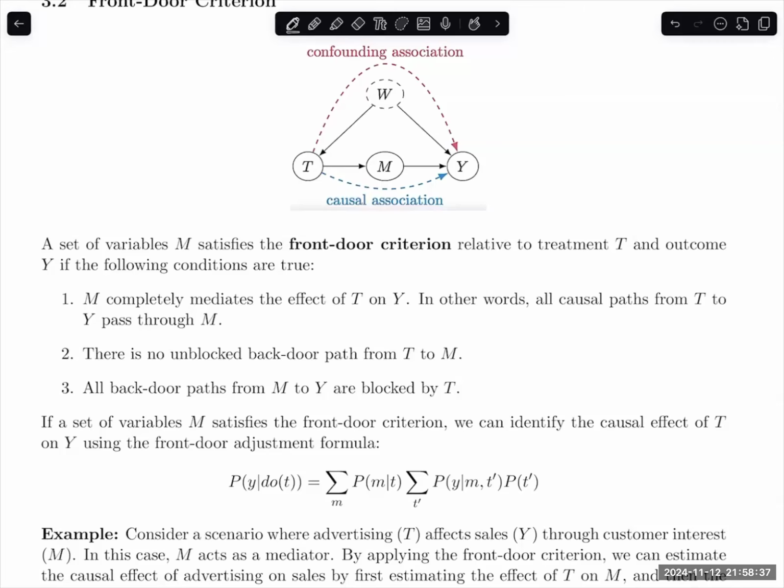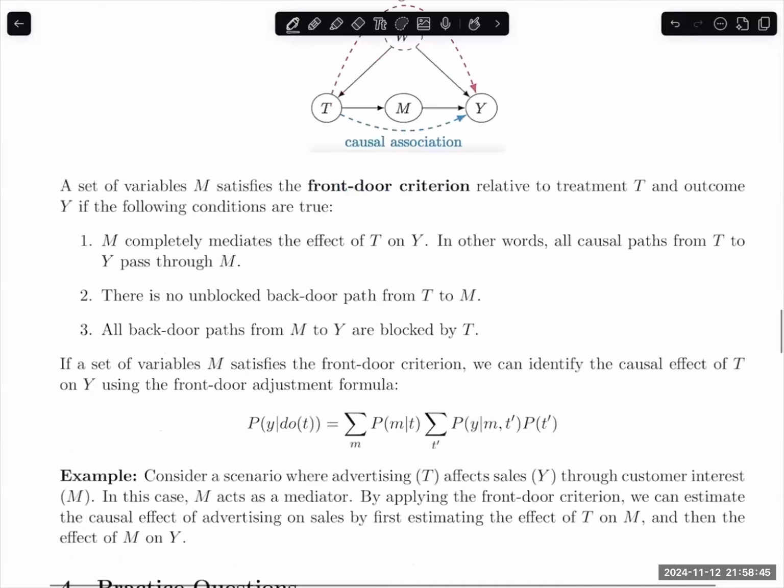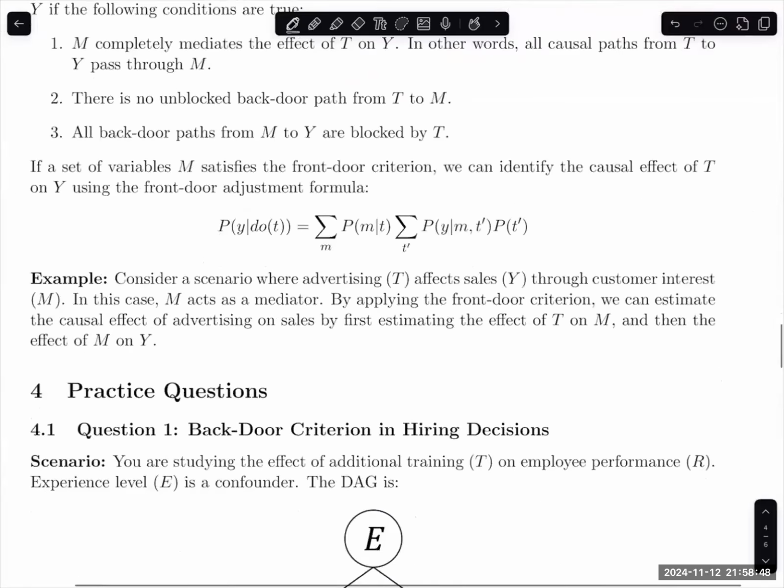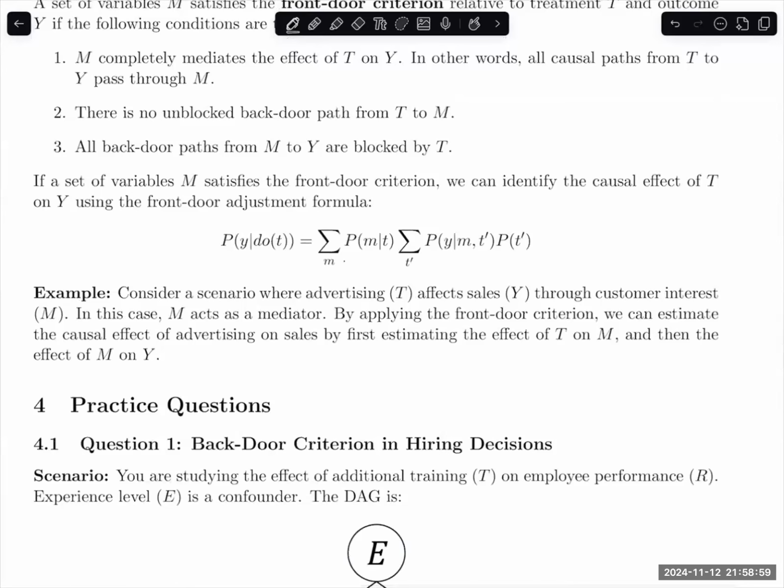So if the mediator M meets these conditions, we can identify the causal effect of T on Y using the frontdoor adjustment formula right here. In this formula, we first calculate the probability of the mediator M given the treatment T, which is this probability. This step captures how T affects the mediator.